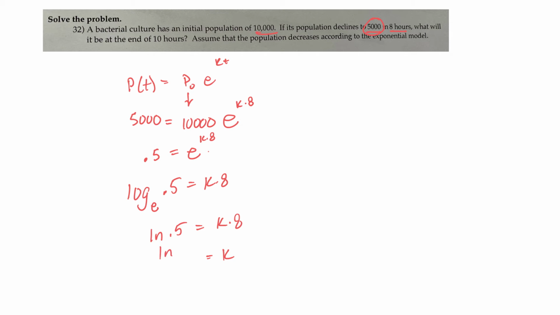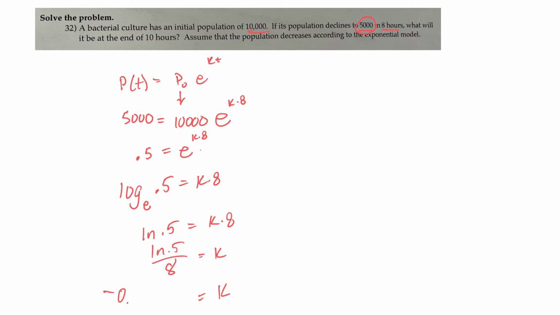Divide both sides by 8. So that gives me, I don't know, 0 point something. Let me check. So it gives me a k value of negative 0.08664, etc. So that's my k value.